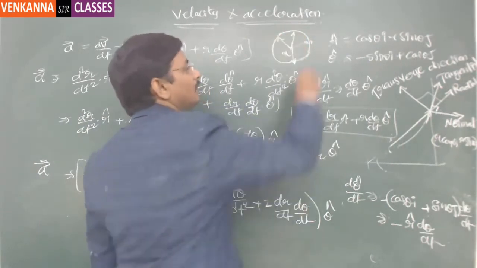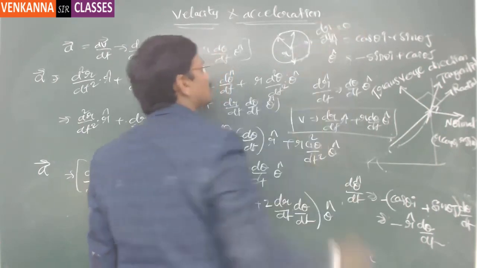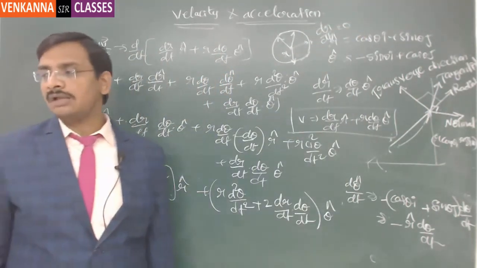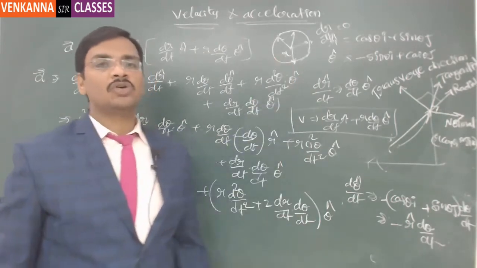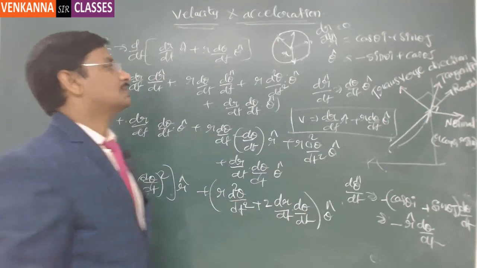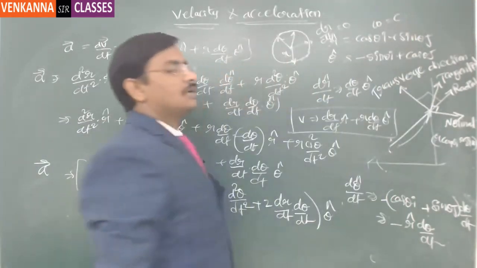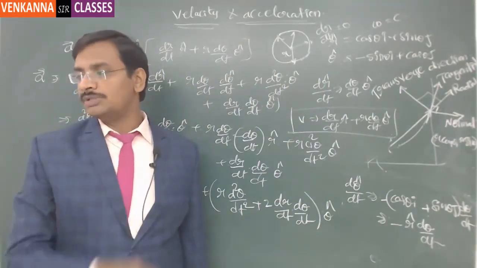So dr by dt is equal to 0 in case of circular motion. And assume that it is a constant angular velocity also, the rate of change of angle is coming out to be a constant. In such cases, omega is constant. Then the rate of change of angular velocity, which is nothing but angular acceleration, will come out to be 0.